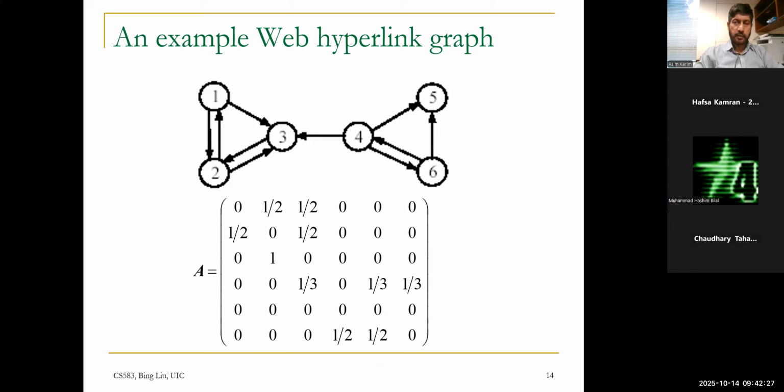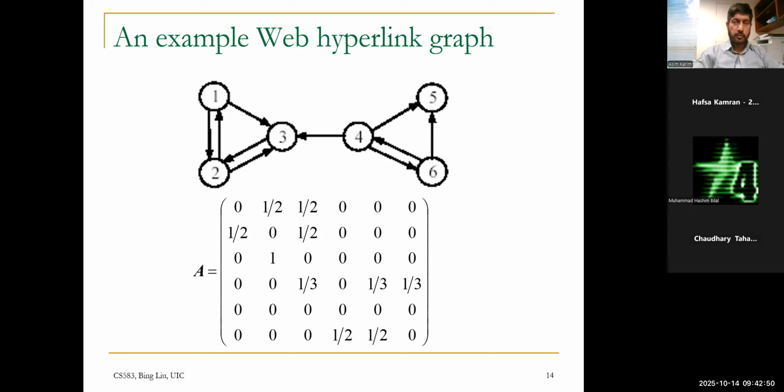So page 5 does not have an outlink. So in this case, this would not be a proper stochastic matrix. We will have to add outlinks from page 5 to all other pages with uniform probability, let's say 1/6, and then this would become a stochastic matrix.